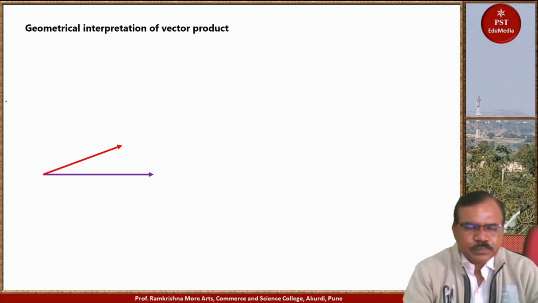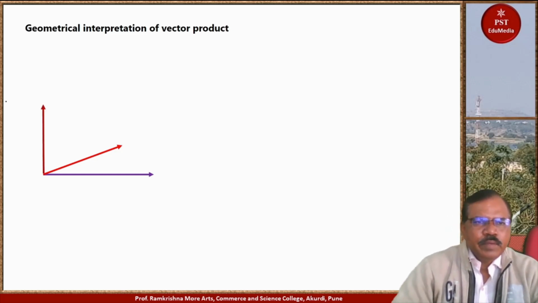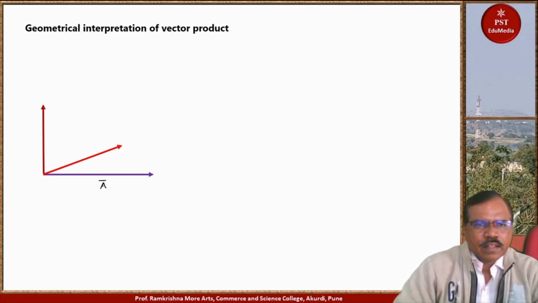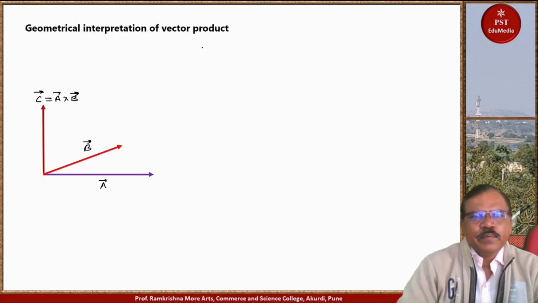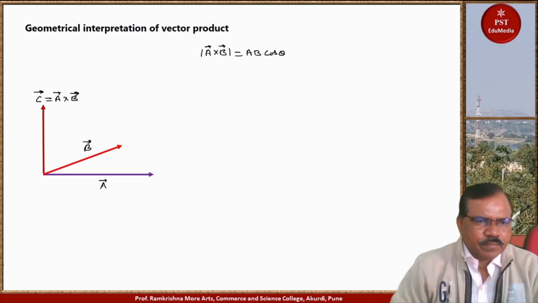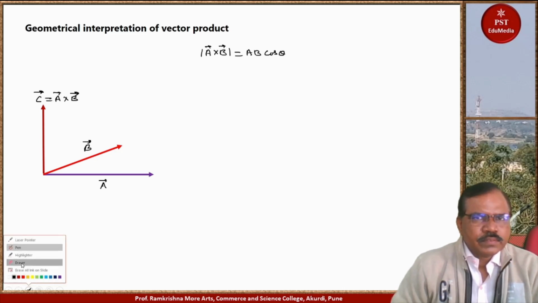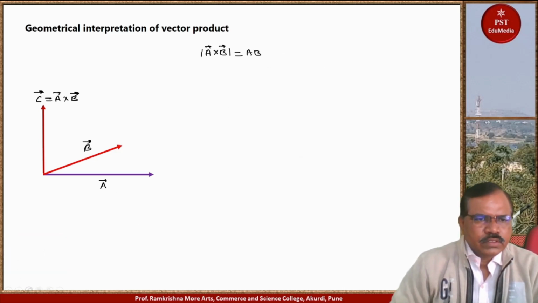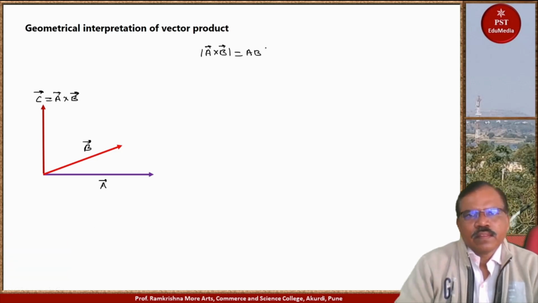Suppose we take vector A and vector B, and this is vector C. It is perpendicular to both, A cross B. And if we take the magnitude of A cross B, we know it is AB sin theta, not cos theta.